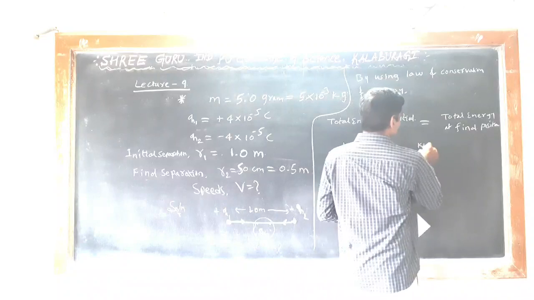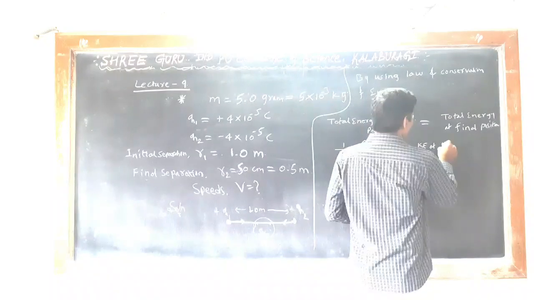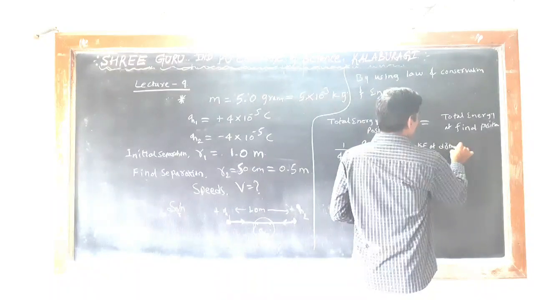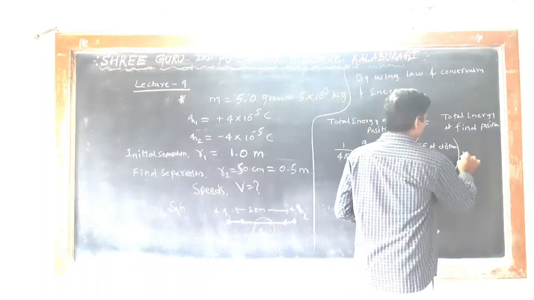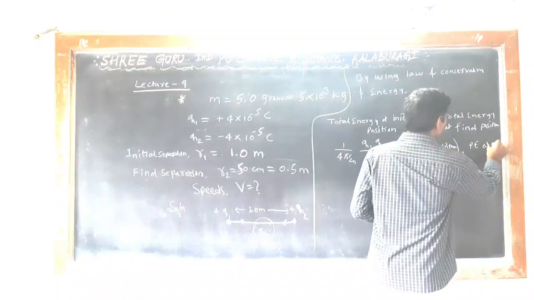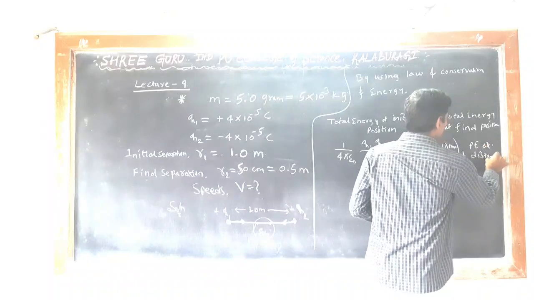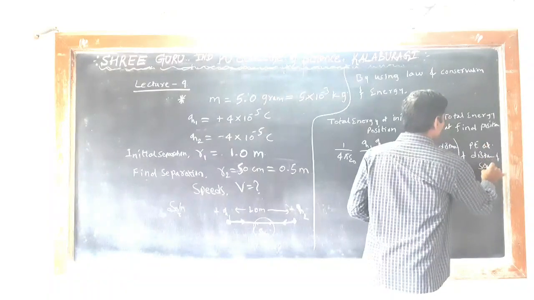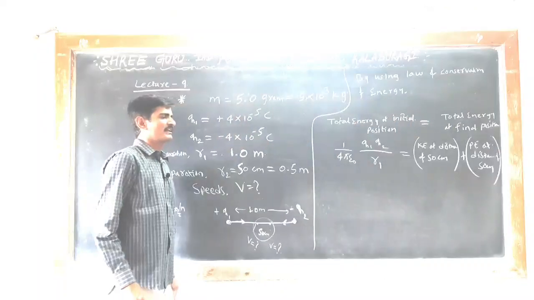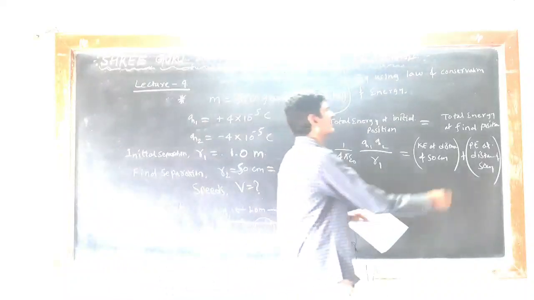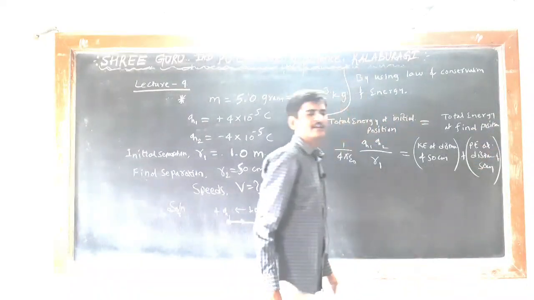That is, kinetic energy at distance of 50 centimeter plus potential energy at distance of 50 centimeter will become total energy at final position.